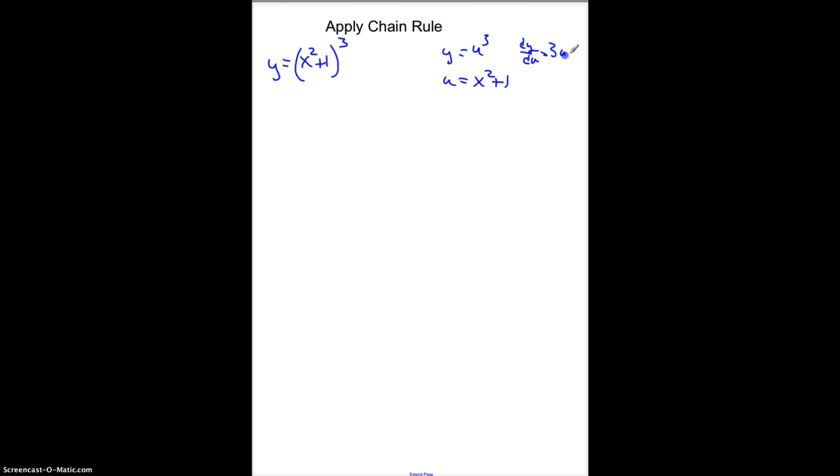It's 3u squared, all right, times u prime. And so what is the derivative of u with respect to x? It's just 2x. Now you don't have to write all this out. You'll get to where you can just do this. You have an inner function and an outer function.